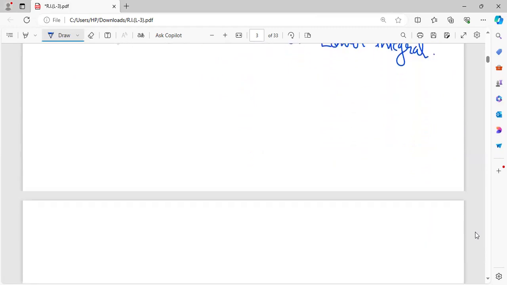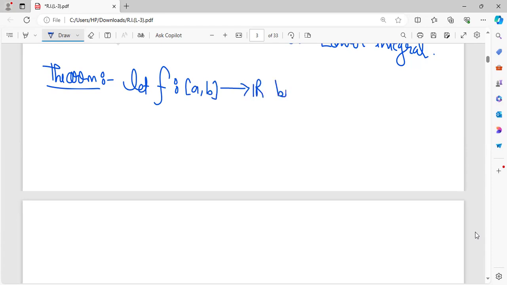So we prove a theorem. Let f from the closed interval [a, b] to R be a bounded function.